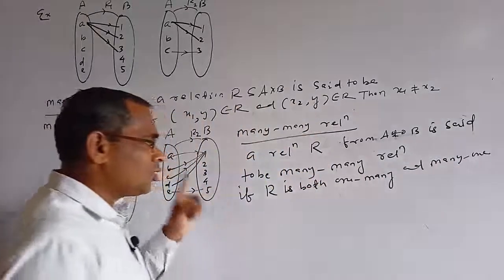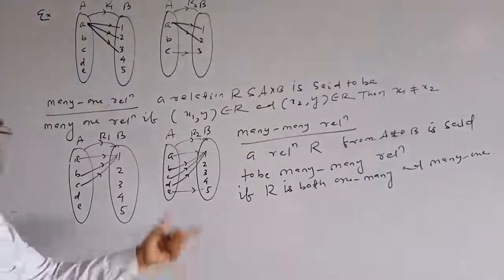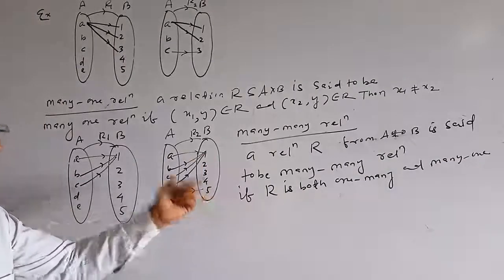If R is both one-many and many-one, then that relation is known as a many-many relation.